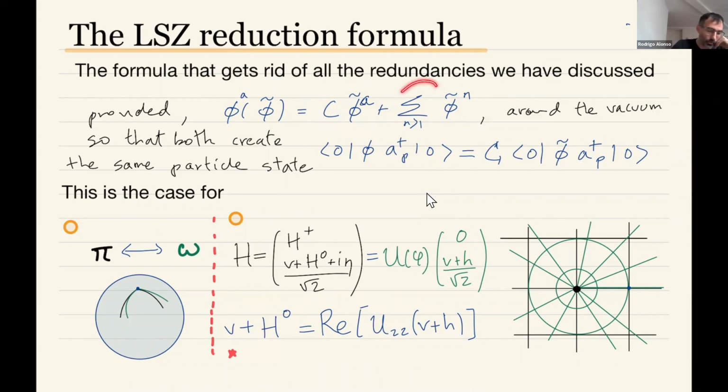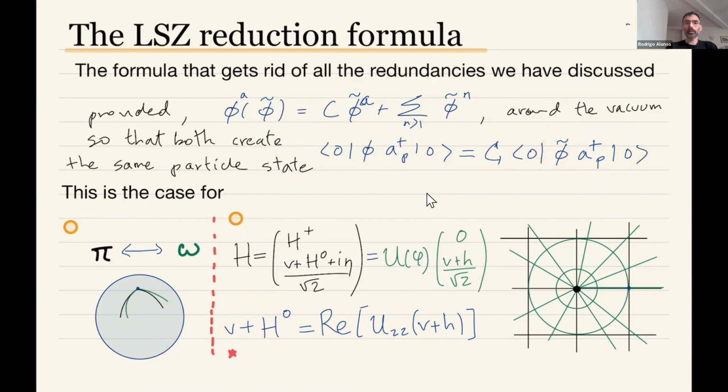And then you can have however many powers on top of that, but no constant term in there if you want the two fields to create the same particle or excite the same particle around the vacuum, which is to say, if you sandwich this field phi between a particle state and the vacuum, you get a non-vanishing matrix element, and you will also get a non-vanishing matrix element for the same contraction with phi tilde.